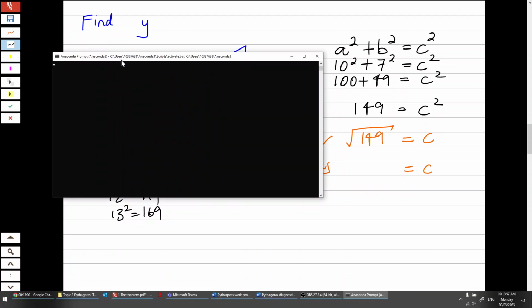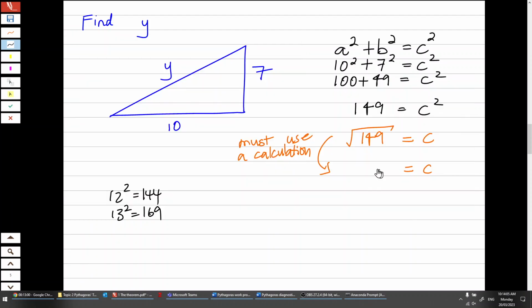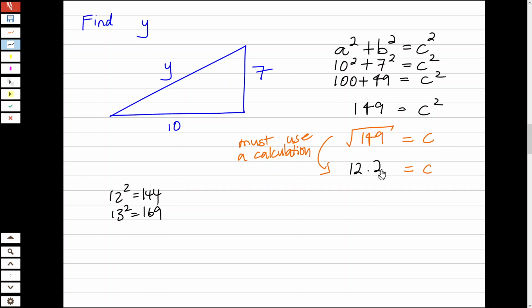This is actually a Python prompt that I'm using. All right. That's Pythagoras' theorem.